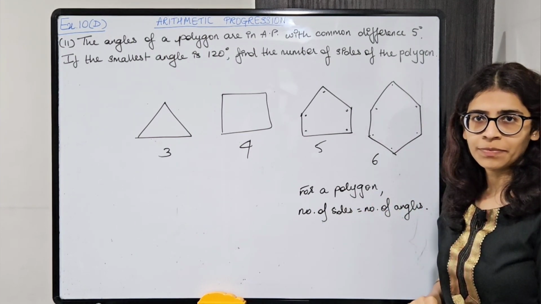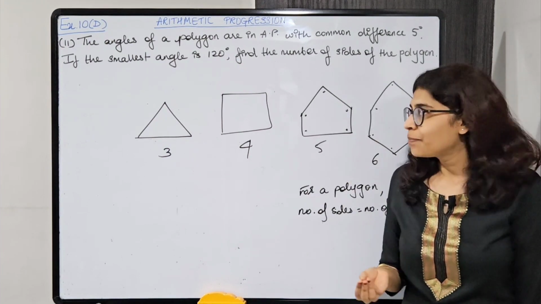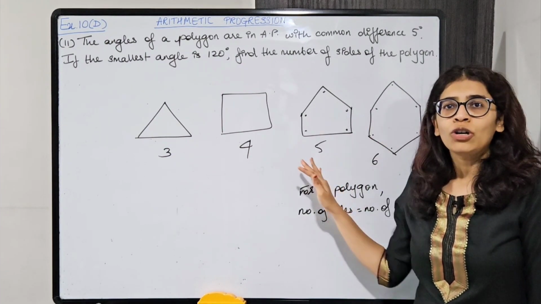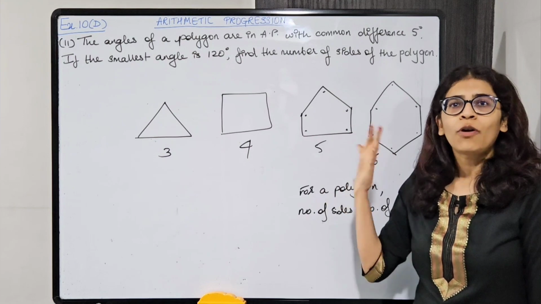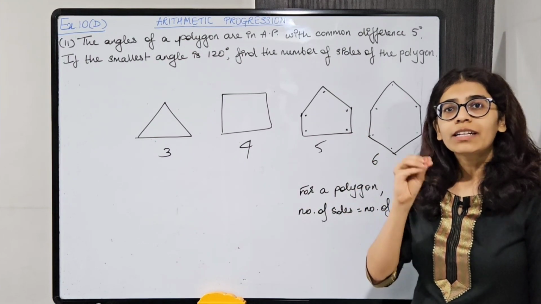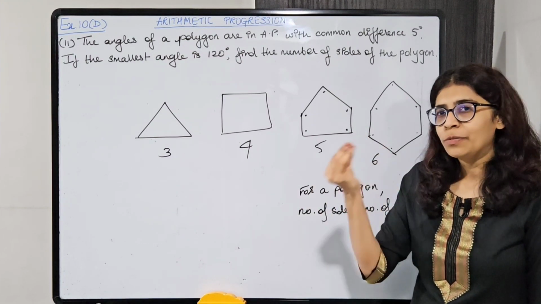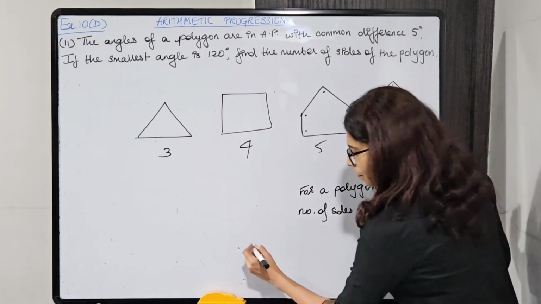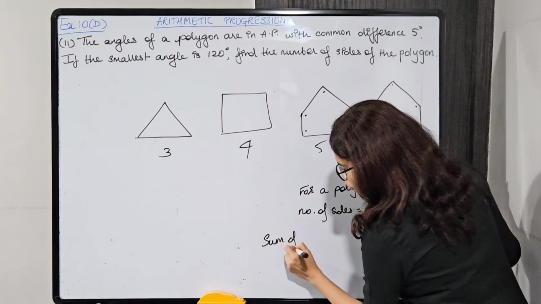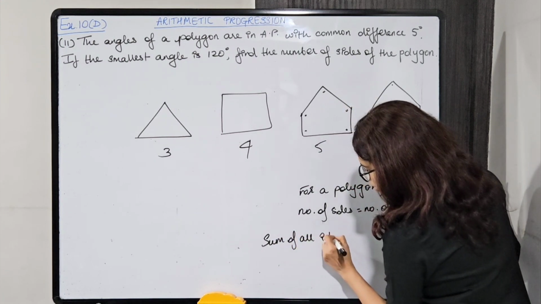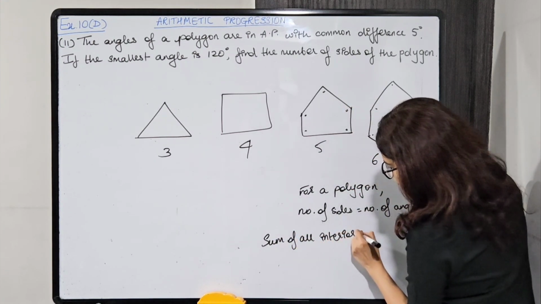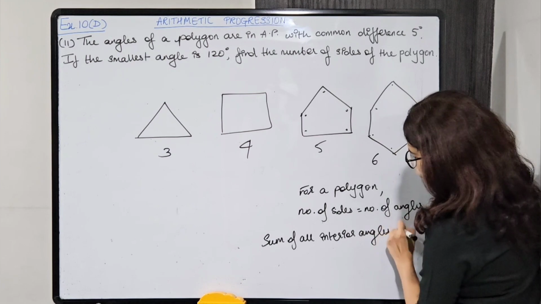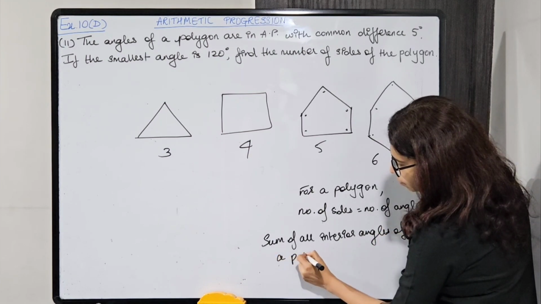Correct? Now there is one more thing. If you add all the interior angles of the polygon, then what is its formula? There is a formula for that. Sum of all interior angles of a polygon. What is it?